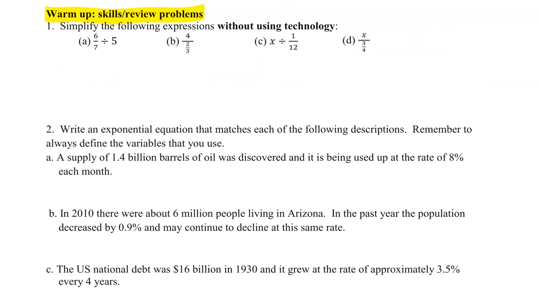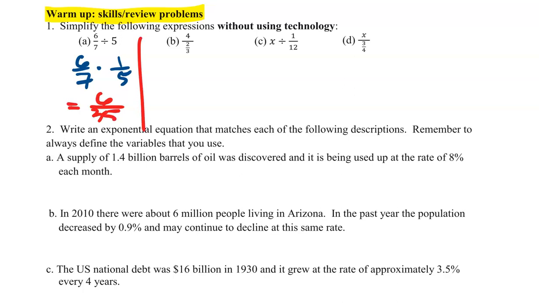Letter A, 6/7 divided by 5, a fraction divided by a number. Remember to simplify this. So 6/7, get the reciprocal of 5, which is 1/5, and then proceed to multiplication. Then we multiply across, that is 7 times 5 is 35.